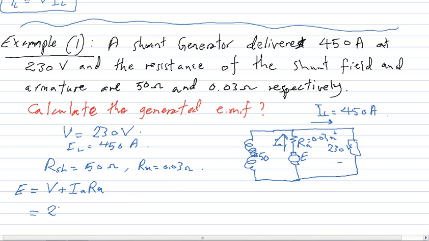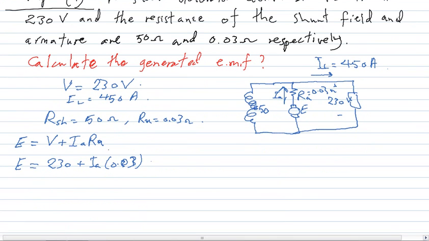So V is 230 plus IA into 0.03. So this is one equation with two unknowns. We have to find the current IA.